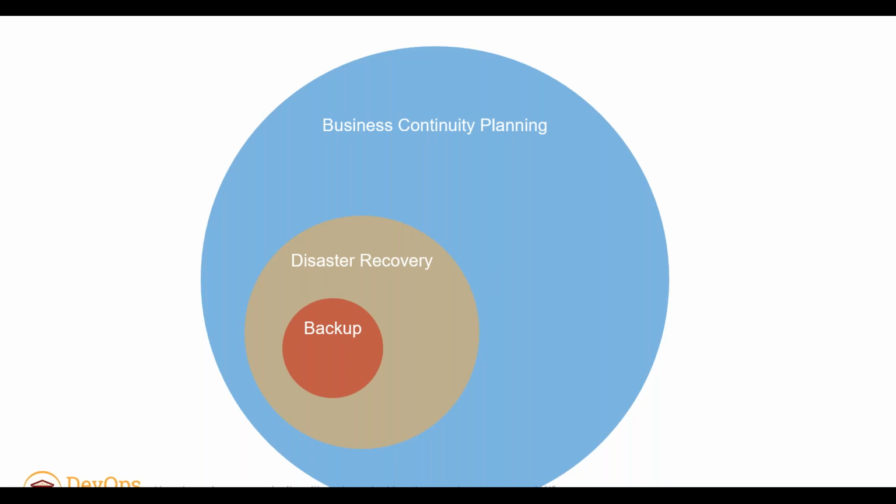It also includes things like ensuring people are safe and can continue to work, as well as ensuring facilities can continue to operate. So backup is really at the core, and it's a component of your disaster recovery plan. In turn, disaster recovery is a component of the larger business continuity plan.